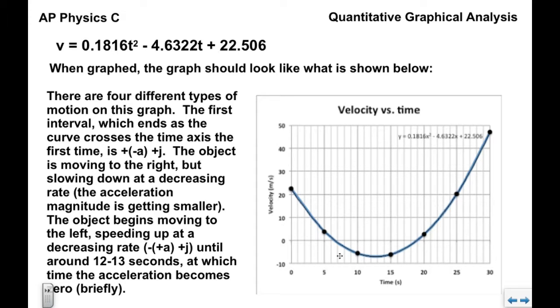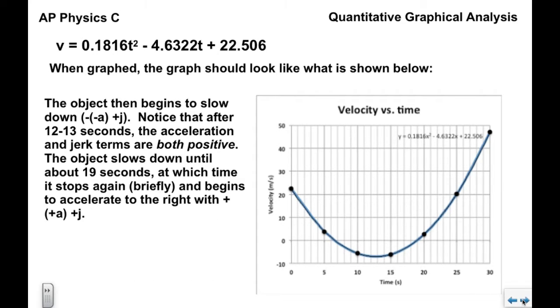At this point, the slope would be 0, so there would be no acceleration briefly. Then it begins to slow down, still moving to the left but slowing down. Notice that the acceleration term and the jerk term are both positive at this point. It slows down until about 19 seconds. It stops again, changes direction, and begins to accelerate to the right with a positive jerk term.